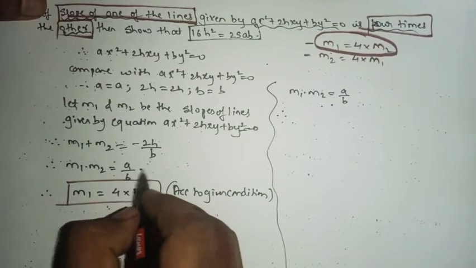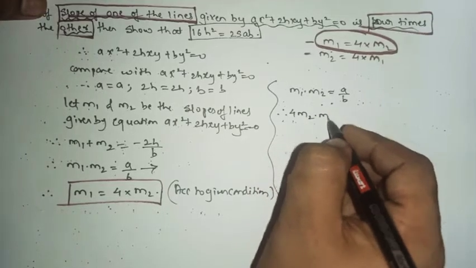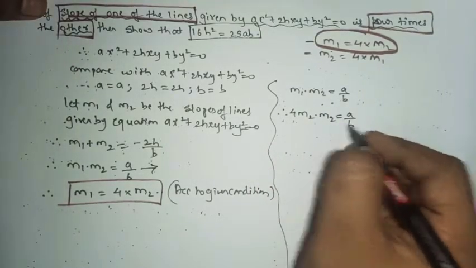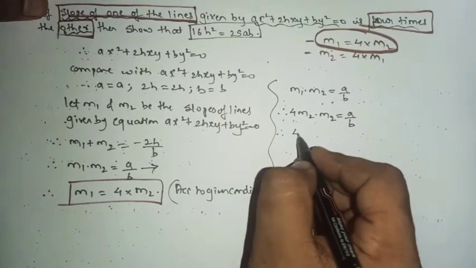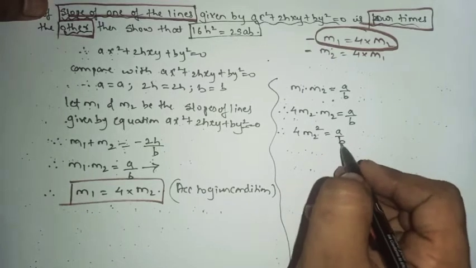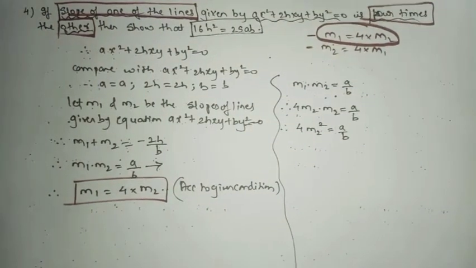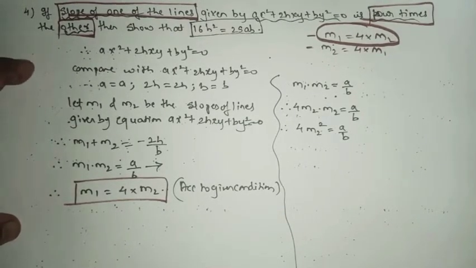So first we'll take this part: 4 m2 into m2 equals a upon b, yes or no. So this will be 4 times m2, the whole square, equals a by b. Got the point? Understood? Okay.